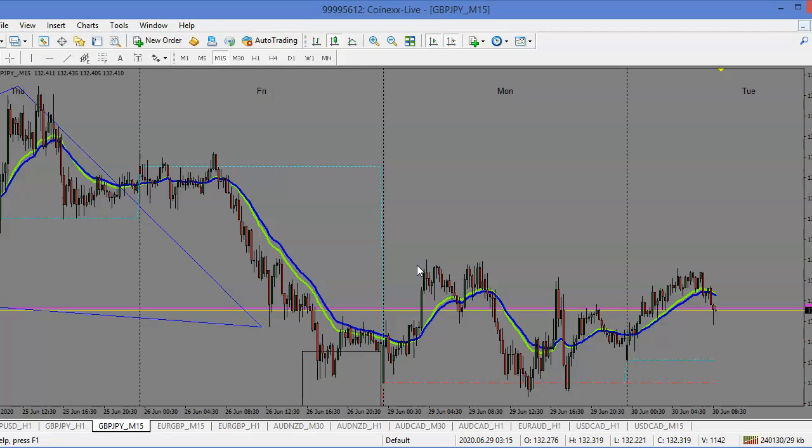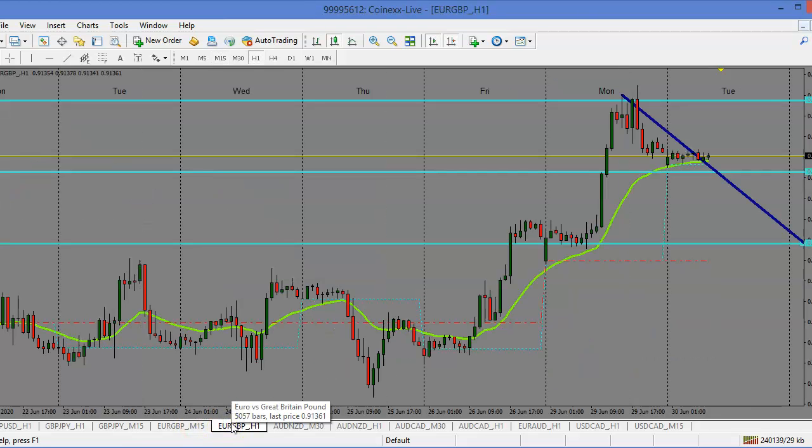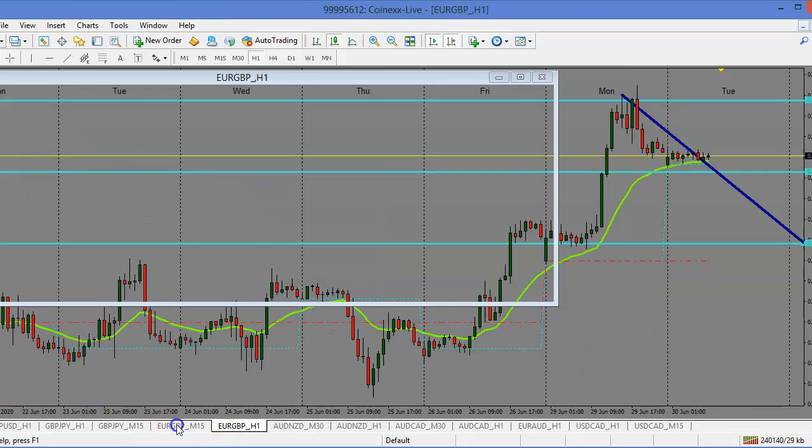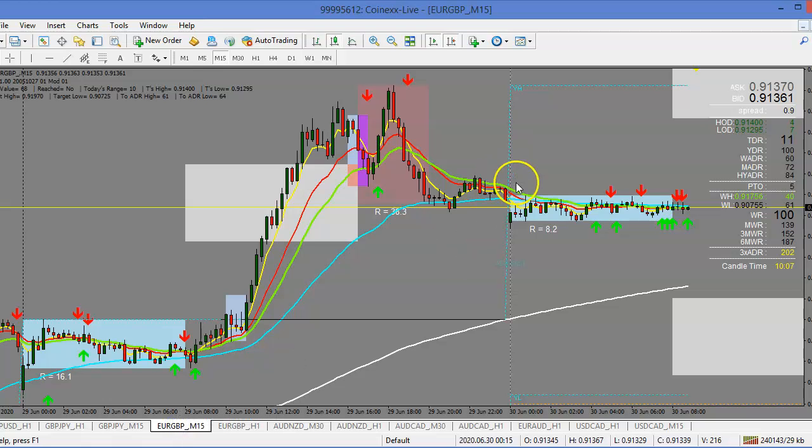GBP doesn't have that much strength to overcome GJ. EURGBP, yeah, it looks like it's going up. You see this indecision? That's because they're waiting on news. So we'll see.